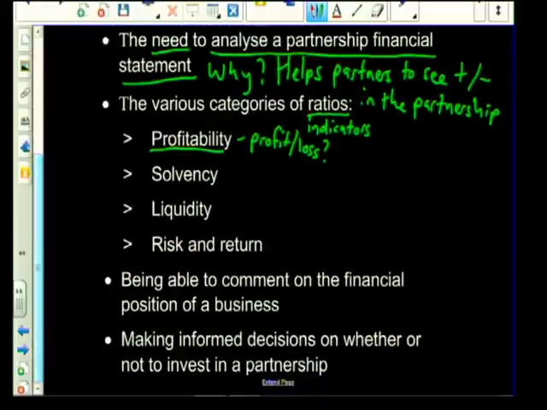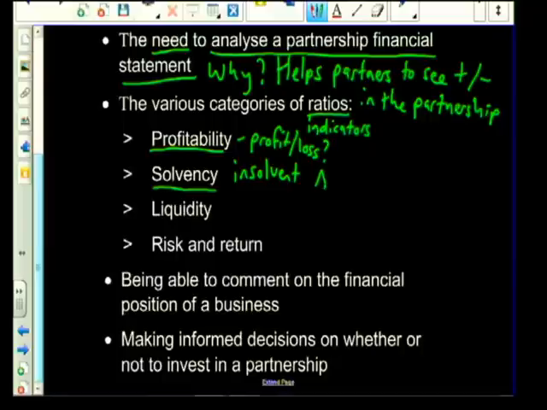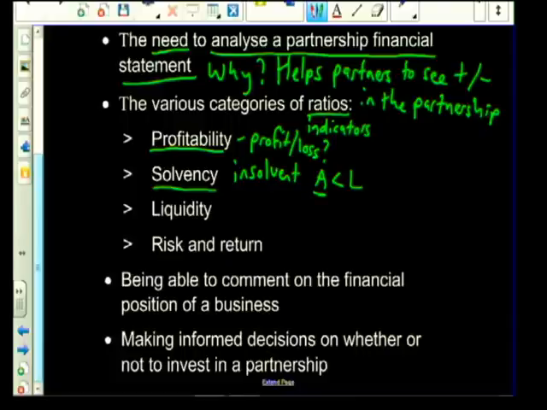The second category of ratio that we analyze is what we call solvency. I'm sure you've heard the word insolvent. If somebody is insolvent, what that means is that his or her assets are less than his or her liabilities. In other words, they owe a lot more money. Their liabilities are more than what they have to pay them off, in other words, their assets.